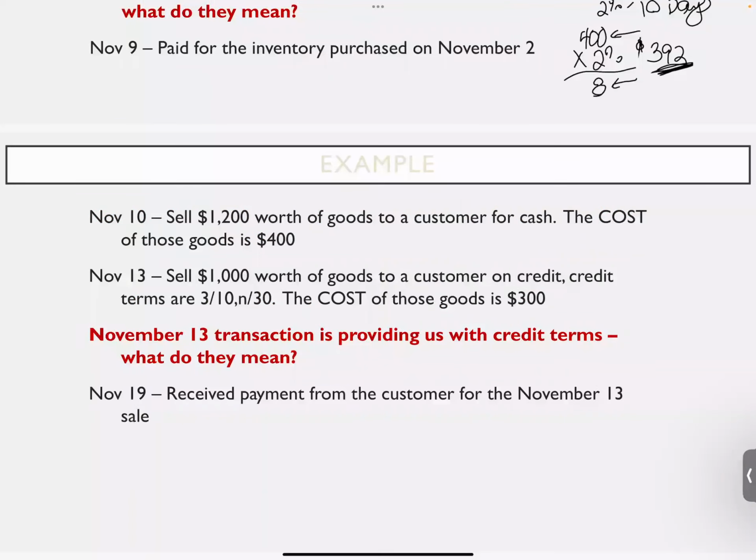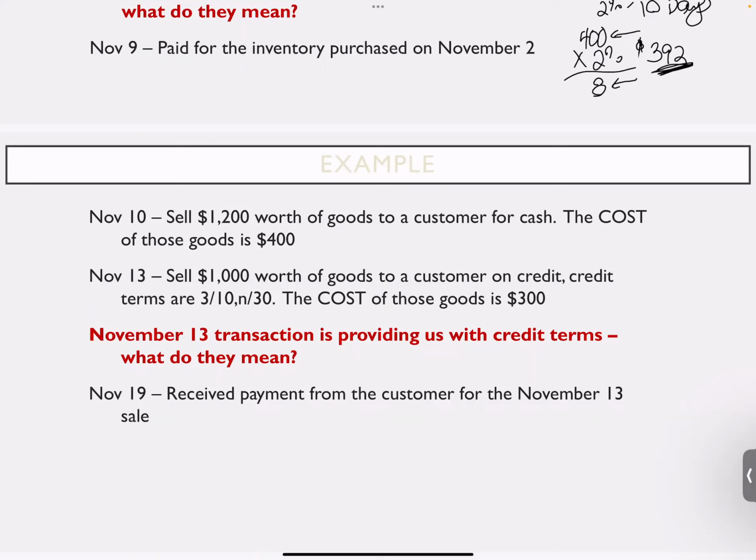Okay, so November 10th, we're going to sell $1,200 worth of goods to a customer for cash. Let's just stop there, right? Because this is something that we should be familiar with. Whenever we, in previous examples, provided services to a customer in exchange for cash, we always used cash and revenue in our accounting equation, right?